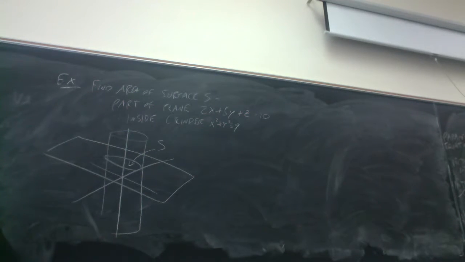So for this cylinder, what sort of coordinates should we use to handle describing this surface that we've dealt with already? Cylindrical, yes.